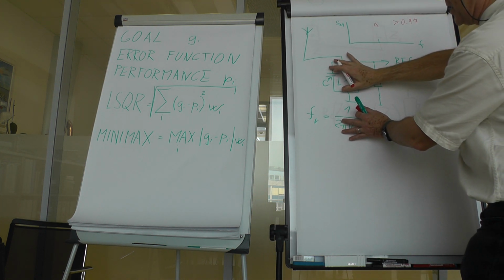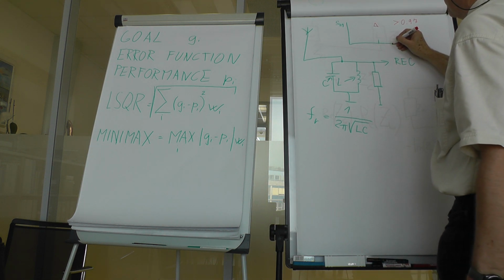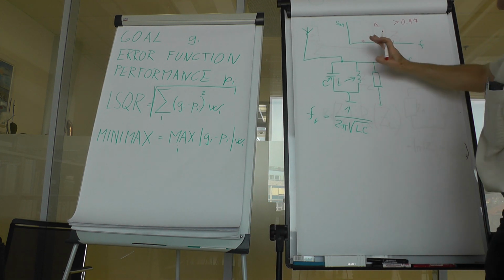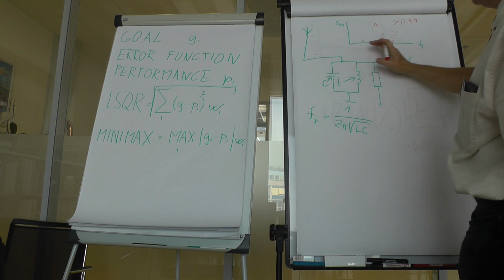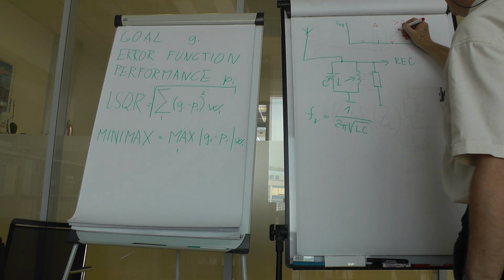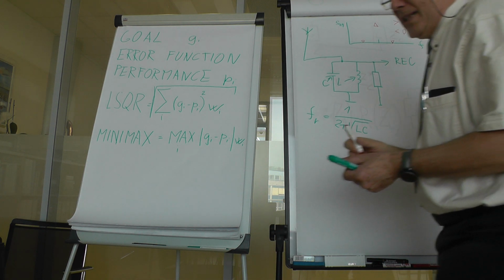So not much energy is wasted in this circuit, and we would design some stop band frequencies over here and here. Let's say 20% of the frequency to the left, 20% to the right, and we would need a transmission under 0.01.